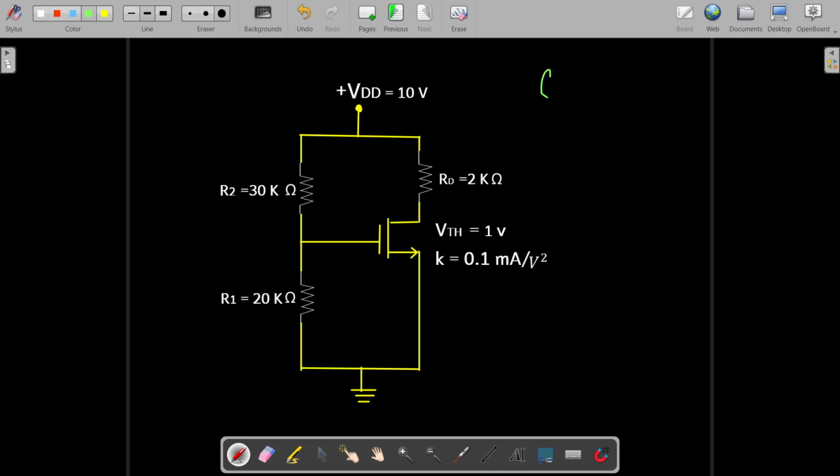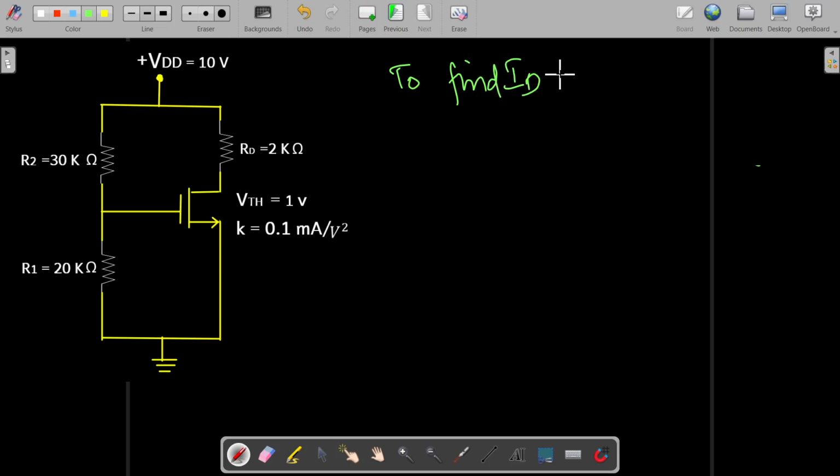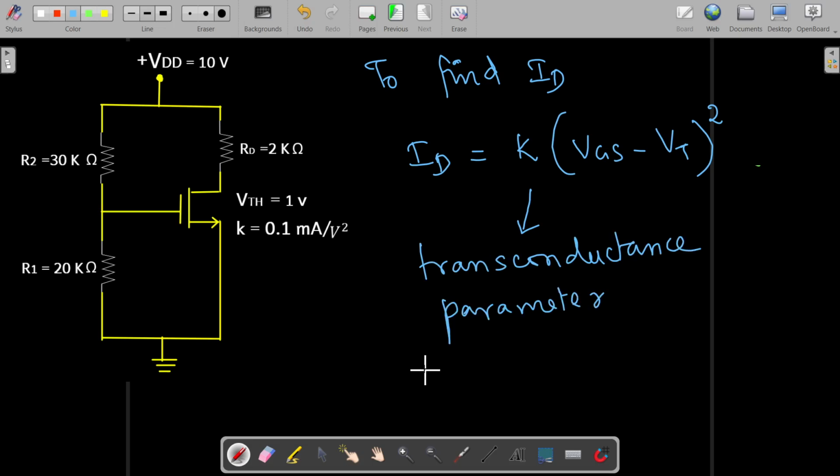In order to find this Q point, or the DC operating point, we need to find ID, that is the drain current, and VDS, that is the drain to source voltage. To find ID, the formula is ID is equal to K into (VGS minus VT) the whole square, where K is the transconductance parameter, which for the NMOS can be represented as Kn.